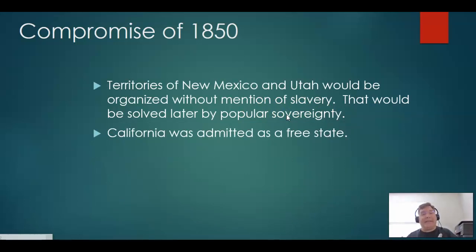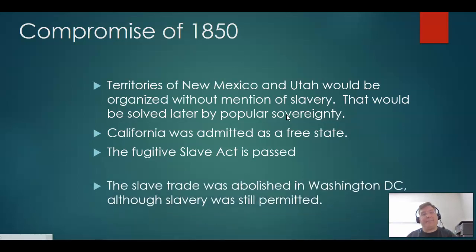California comes in as a free state. So now we've messed up that balance in the Senate between the free states and the slave states. So we have to give the slave states something. To that end, we give them the Fugitive Slave Law or the Fugitive Slave Act. Okay, and we'll talk specifically about that because that has a lot of ramifications for the United States.